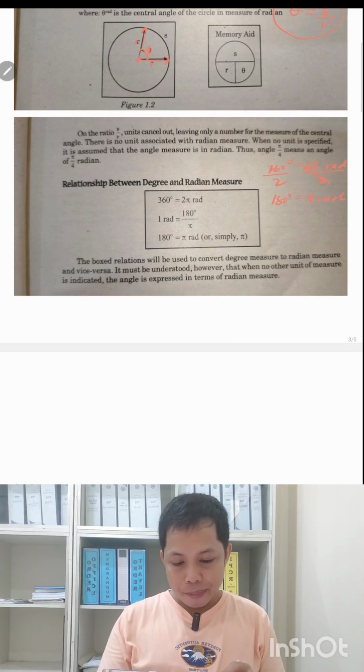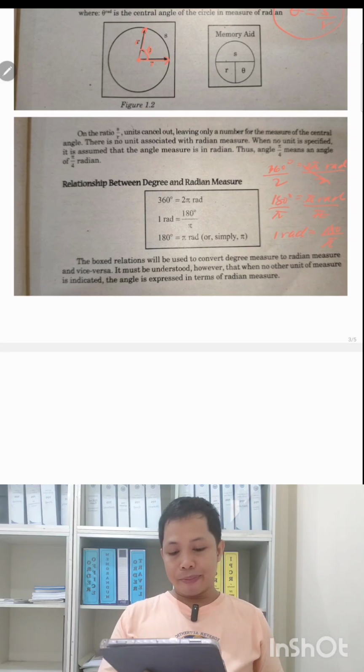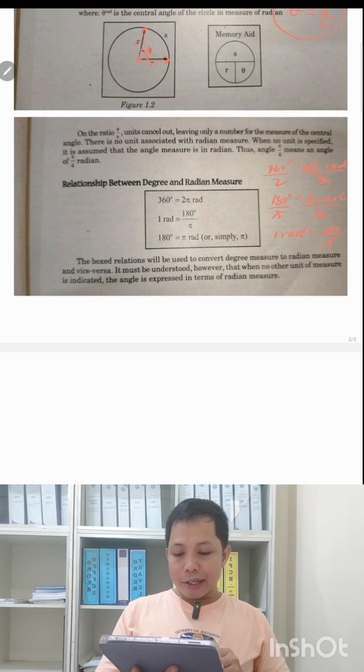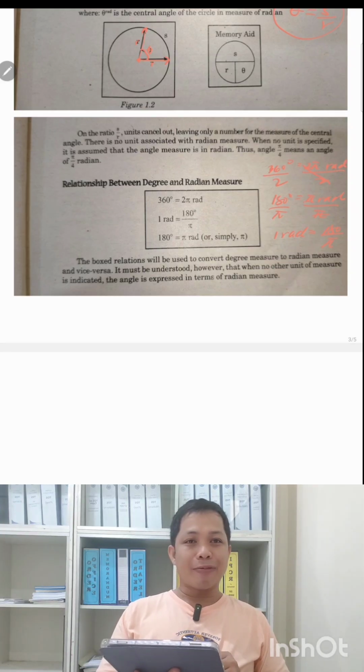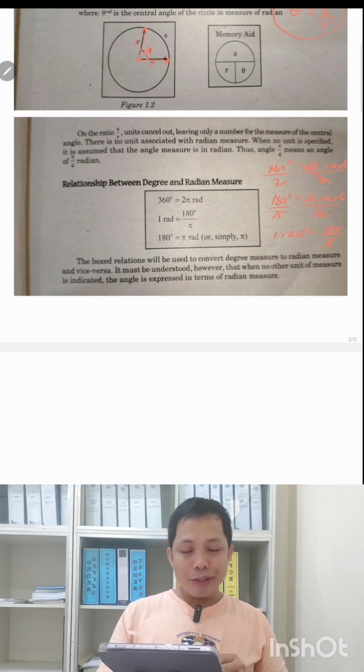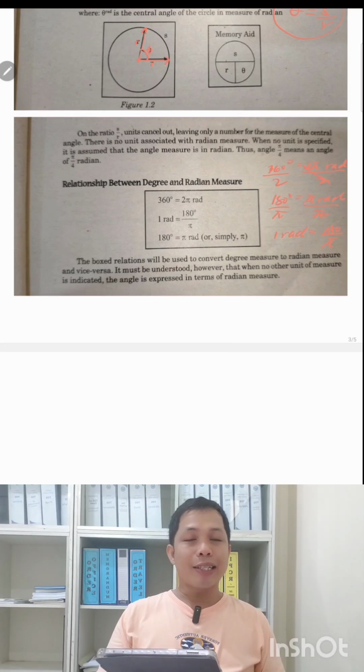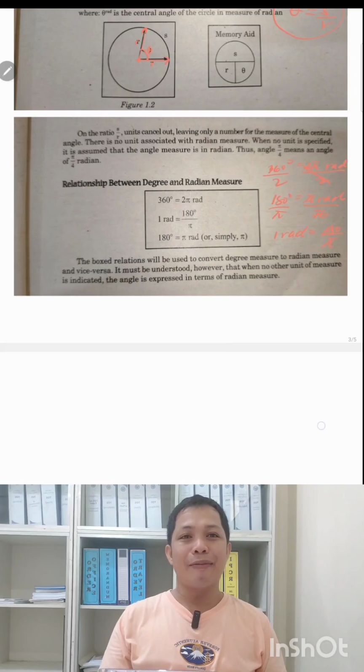Therefore, we can also say that 1 radian, divide both sides by pi, is equal to 180 over pi. Okay, the boxed relations will be used to convert degree measure to radian measure and vice versa. It must be understood, however, that when no other unit of measure is indicated, the angle is expressed in terms of radian measure.